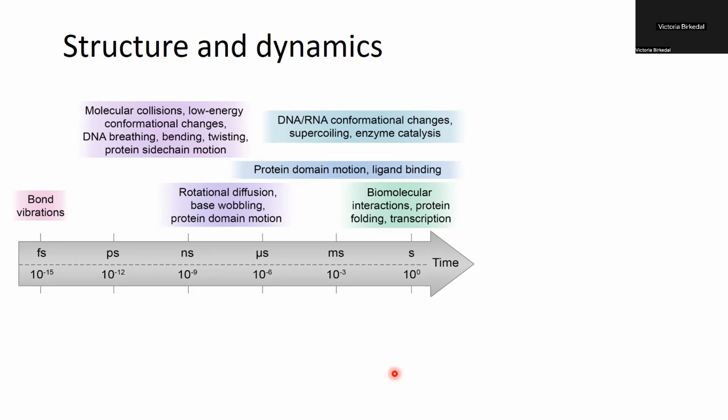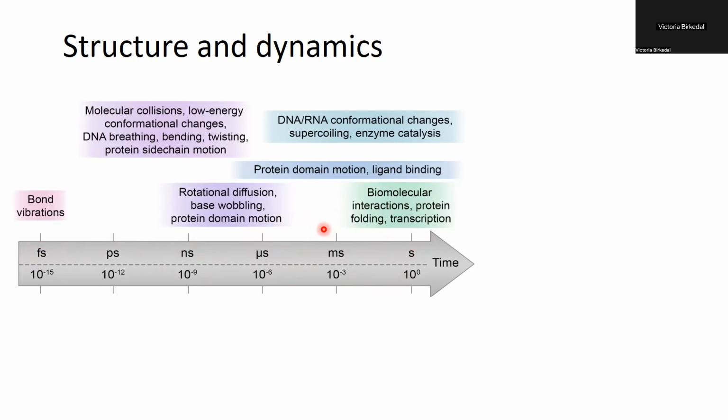Structures are always dynamic. And the time scale of the dynamics depends on what is moving. If it's a bond that's moving, then this is vibration, and this is very fast. It's in the femtosecond range. If there is more a secondary structure kind of movement, then this gets longer, microsecond, millisecond, and can be even longer.